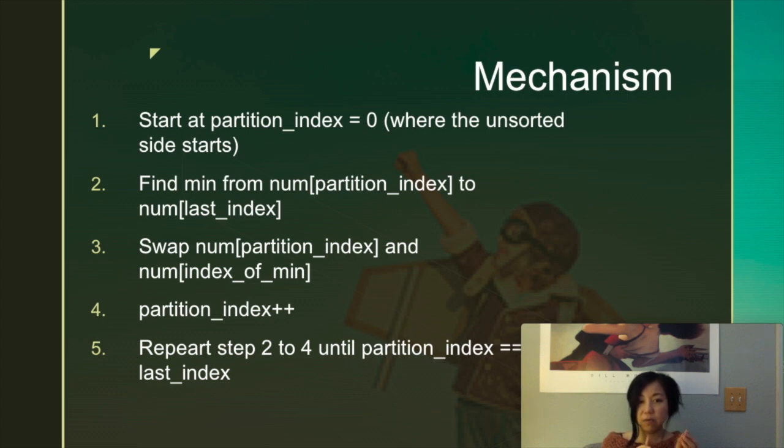Once you find the first one, you increment the partition index by 1. Now the partition index is 1, so you find the minimum from num1 to the last index and swap that with num1, where the partition index is indicating. You continue until all the numbers are in order.